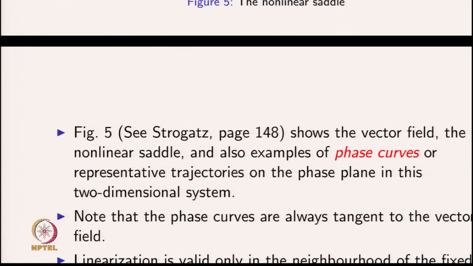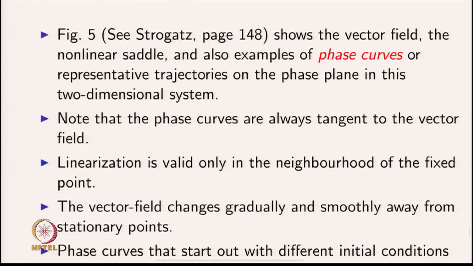Now, these phase curves are representative trajectories on the phase plane in this two-dimensional system. It is interesting to note, and you can verify it for yourself, that the phase curves are always tangent to the vector field.